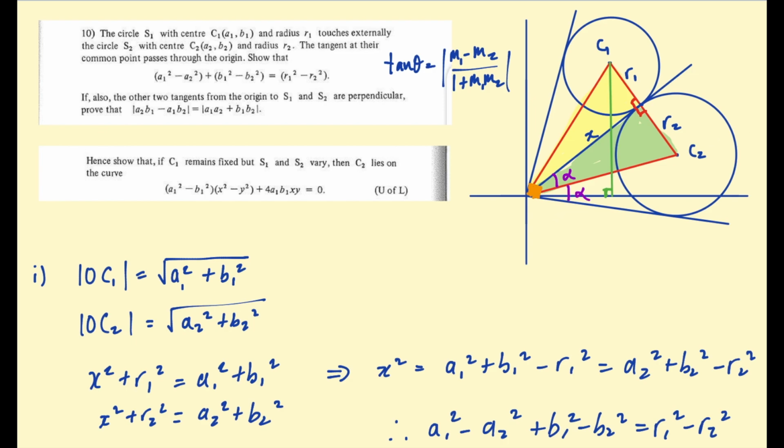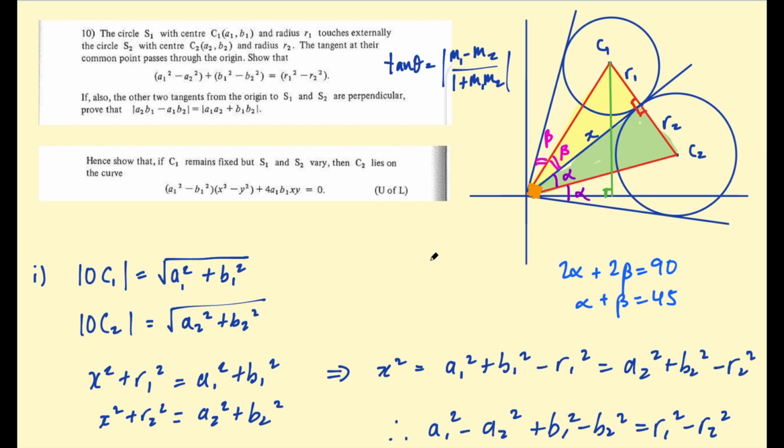And then also we can do the same thing on the other side. So if we called this angle beta, this angle in here would also be beta. And then we can see that alpha plus beta equals 45 degrees simply by saying 2 alpha plus 2 beta equals 90. So dividing by 2, alpha plus beta equals 45.